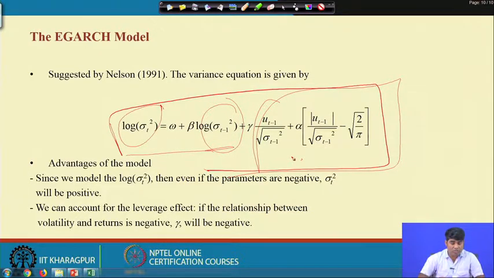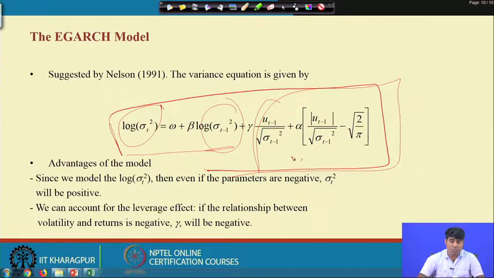The advantages of this model are, since we model the log sigma square, even if the parameters are negative, sigma square will be positive. So, that is why some adjustment needs to be taken care of.